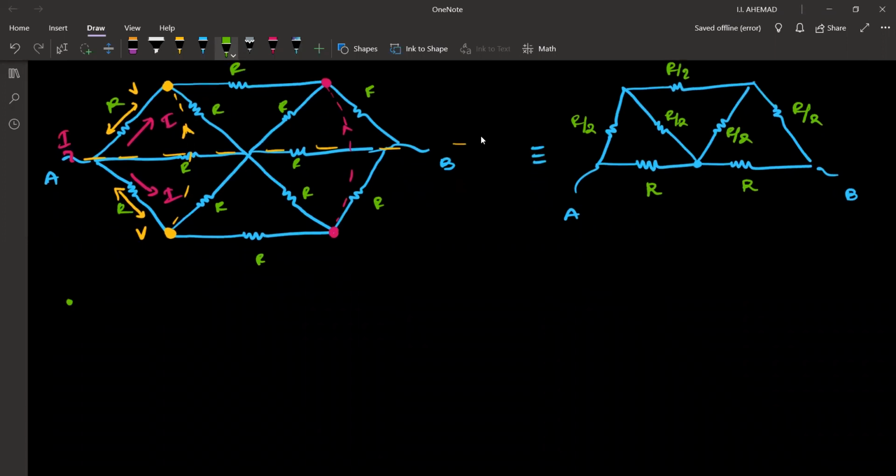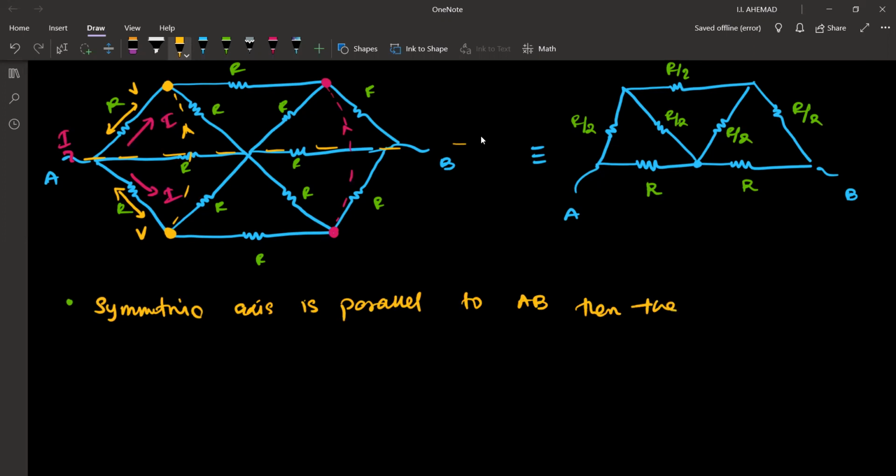So let's write a note. Symmetric axis is parallel to AB, then the current flow above and below the axis is identical.